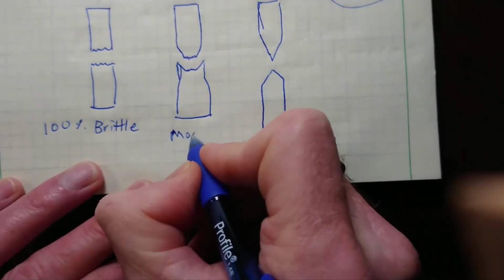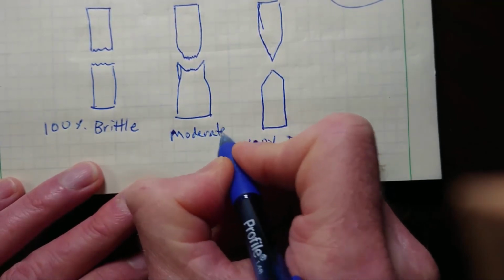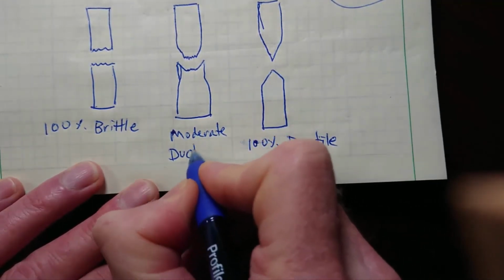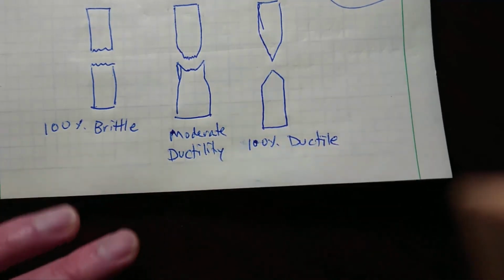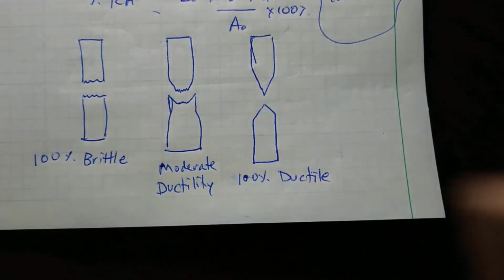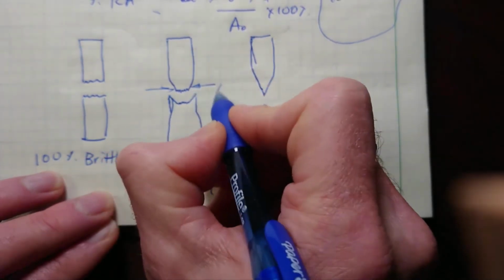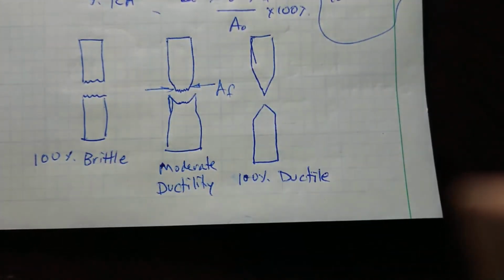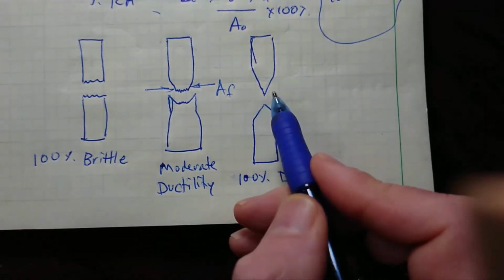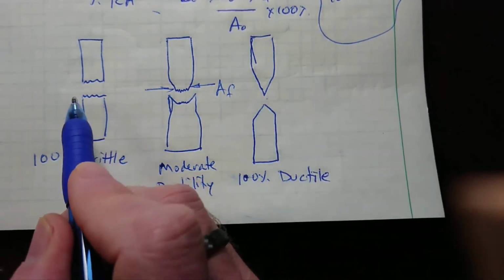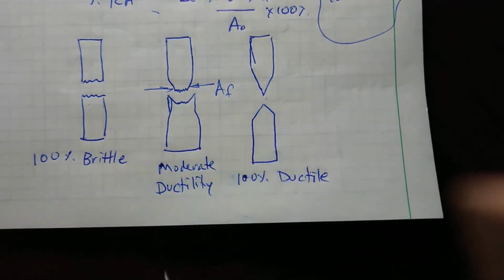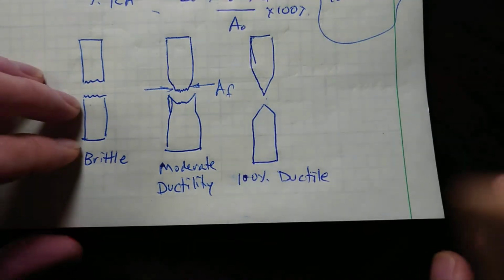This would be something that has moderate ductility. This is the cross section of a sample. So the final area is finite, it's not zero, and it's not the same as the original. It's something that can be measured. So that's what the samples look like.